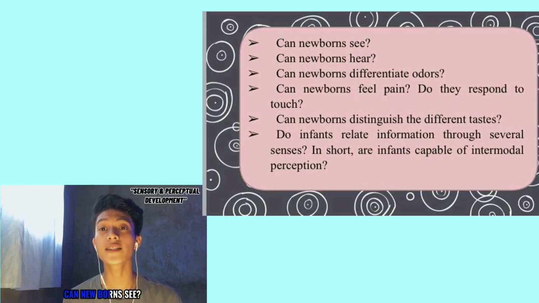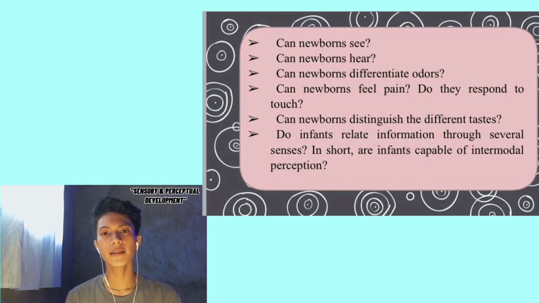So, what are some research findings regarding newborns' visual perception? Question number 1: can newborns see? The answer is, babies see things best from 8 to 12 inches away. This is the perfect distance for gazing up into the eyes of mom or dad.